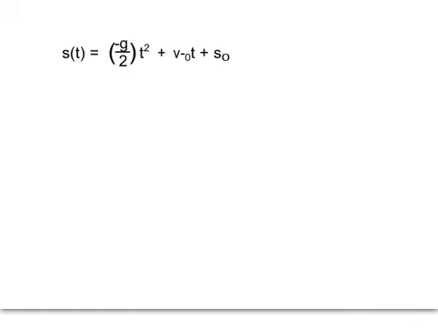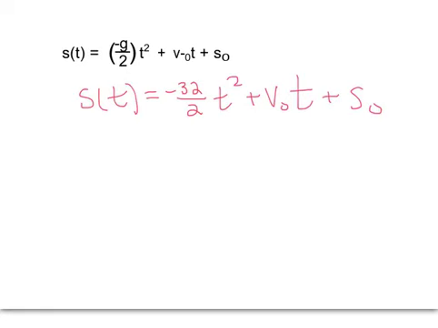A general position function of any object in motion on Earth, or actually on any planet, like the moon, or, the moon's not a planet, but the moon or Mars or anywhere like that, as long as you have the g for the planet you're on, this is the way this works.